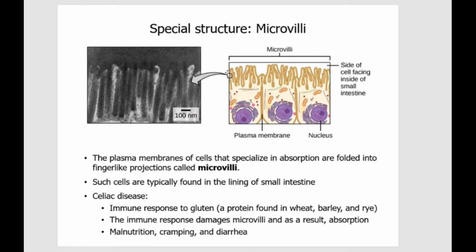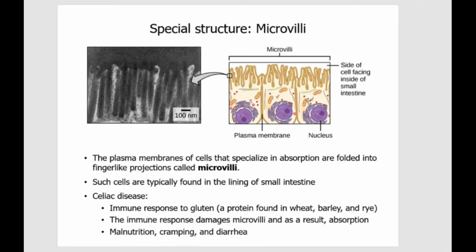On this side, they are pointing to the lumen, the empty space in your intestine. You can see the membrane forms finger-like projections. All those things are called microvilli. The singular is microvillus, the plural is microvilli.